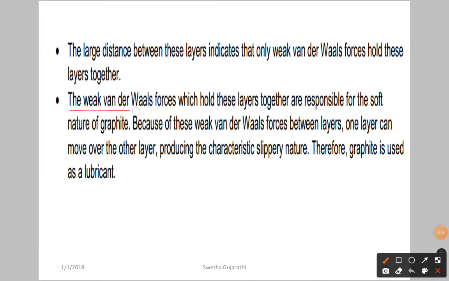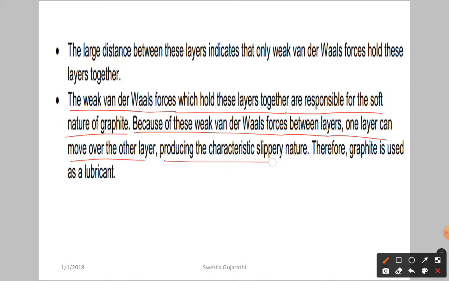The weak van der Waals forces which hold these layers together are responsible for the soft nature of graphite. As you know very well, van der Waals forces are very weak, so these layers slip over one another. Because of these weak forces between layers, one layer can move over the other, producing the characteristic slippery nature.